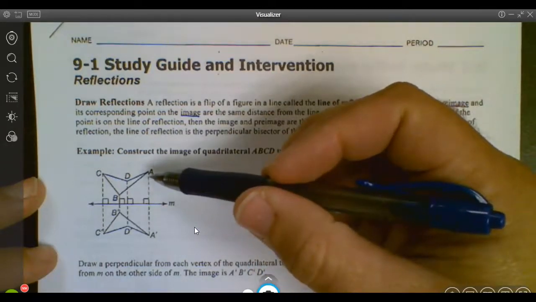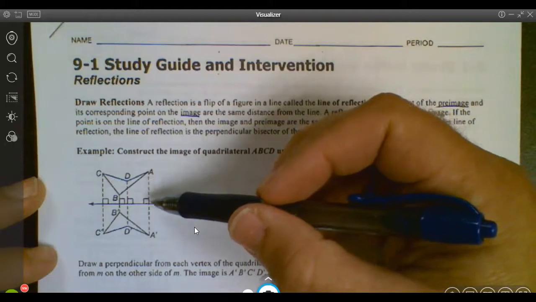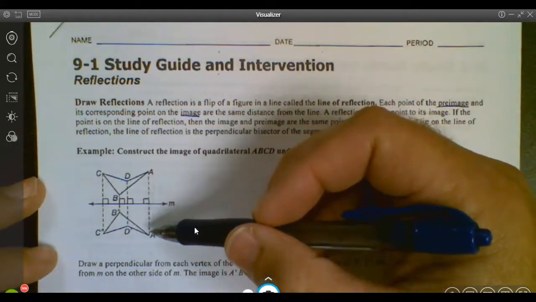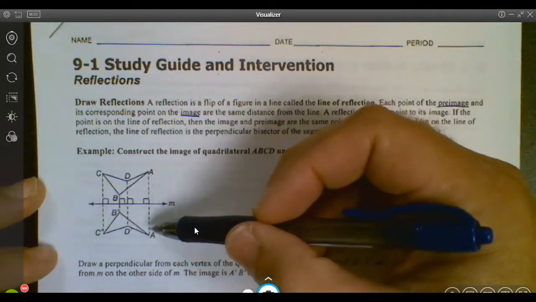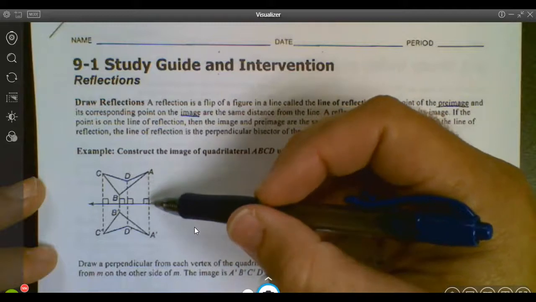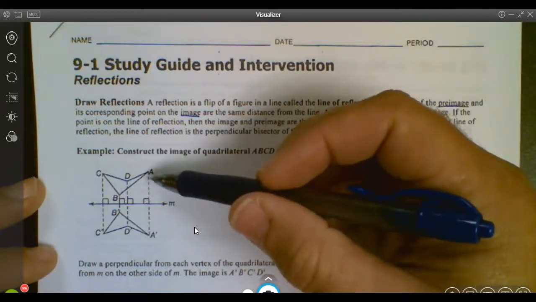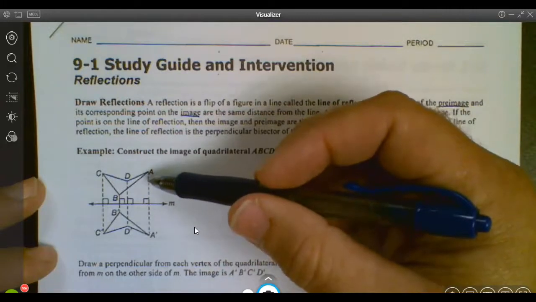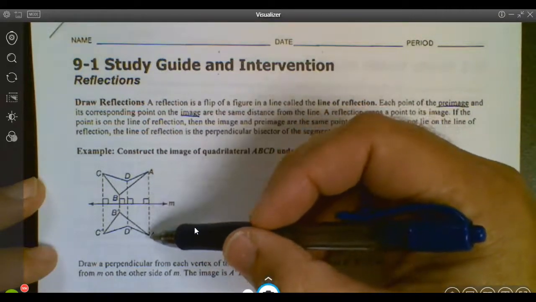So if you were standing here and you were looking at yourself in a mirror, so here's the mirror, well, you're going to see your image the same distance from the mirror directly across from you, right? You're going to see your image over here, or as you're looking at the mirror, you don't see yourself over here, right? You would always see your image directly across from you.